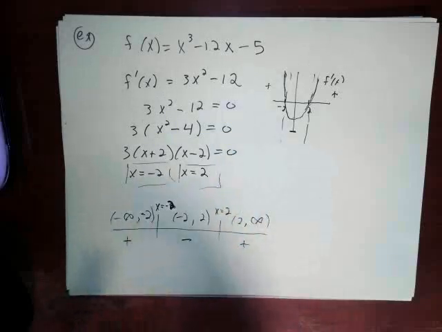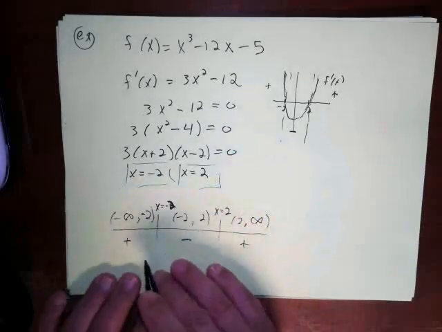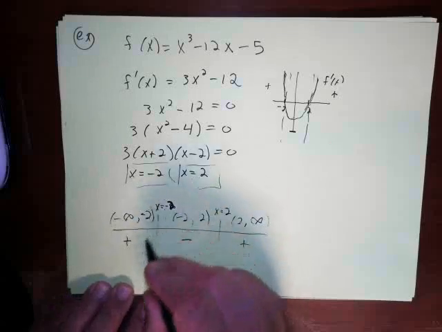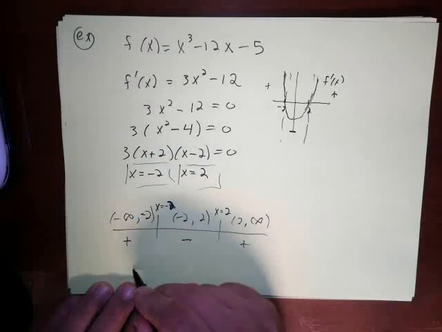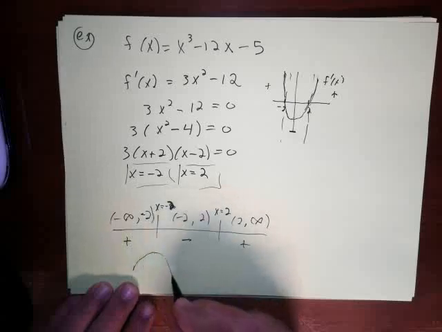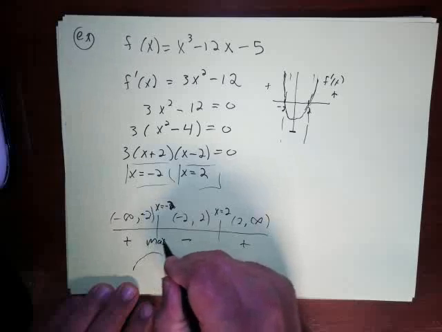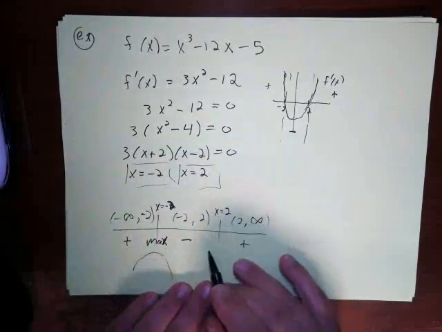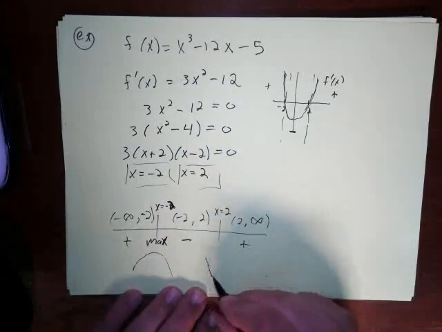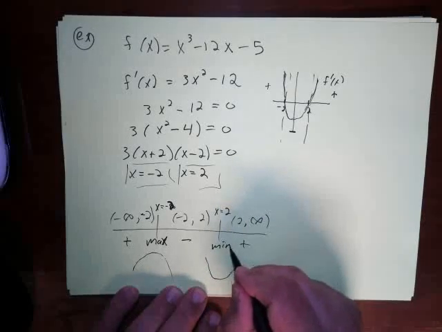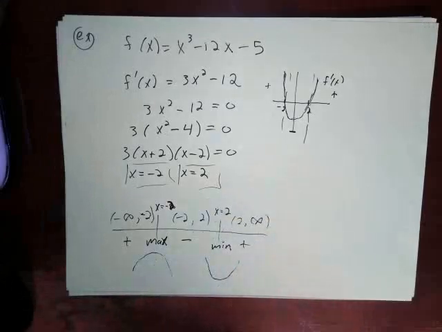But what the first derivative test says is this. At this critical point, it is going from positive to negative, so from increasing to decreasing. So this critical point is a max. Then over at this critical point, it goes from decreasing to increasing, so this critical point is a min.